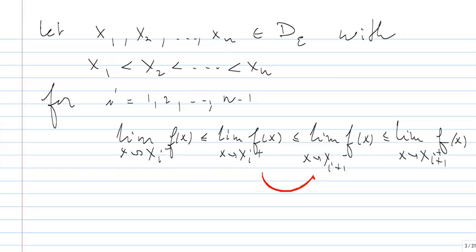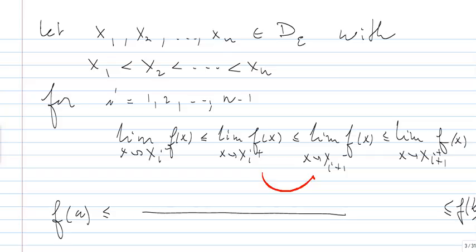So, once we have this, we can prove that f of a is smaller than all of them, and they are all smaller than f of b. F of b is the biggest one, and f of a is the smallest one because f is monotone increasing.